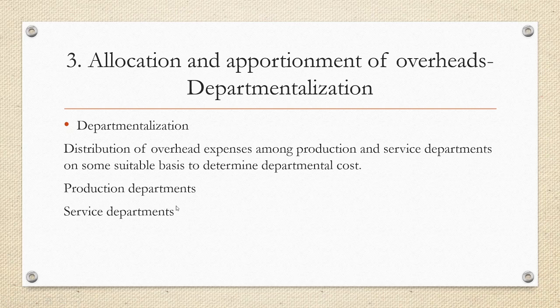So based on some basis, the rent will be charged to production and service departments. Similarly, all other overheads will be charged to various departments based on a suitable basis. So that is called departmentalization, which is nothing but the distribution of overhead expenses among the production and service departments on some suitable basis to determine the departmental cost.